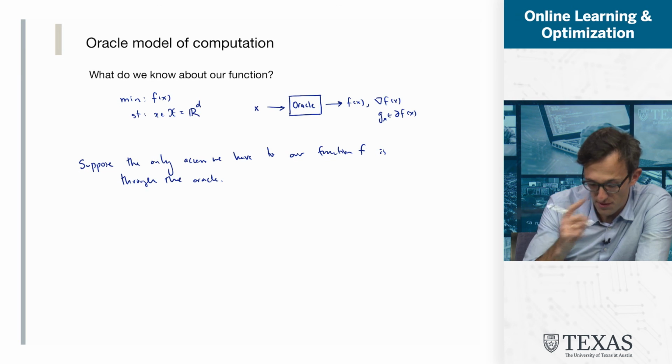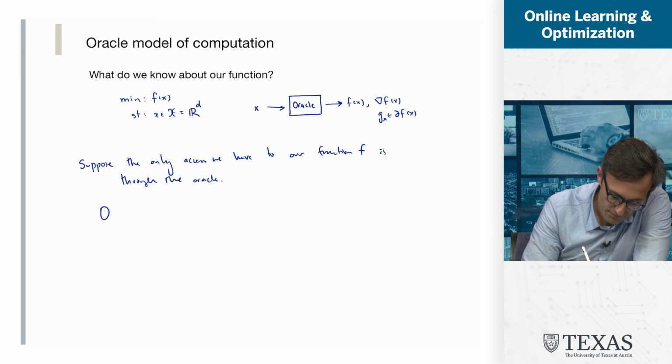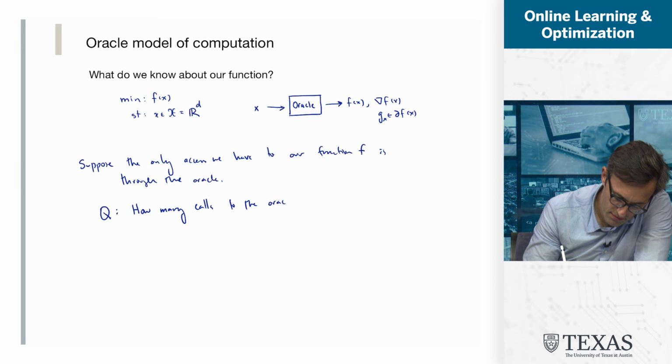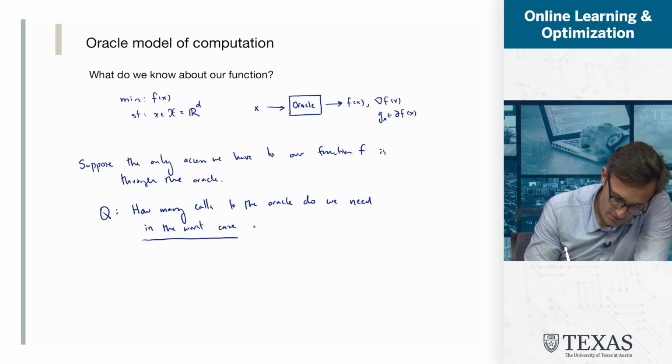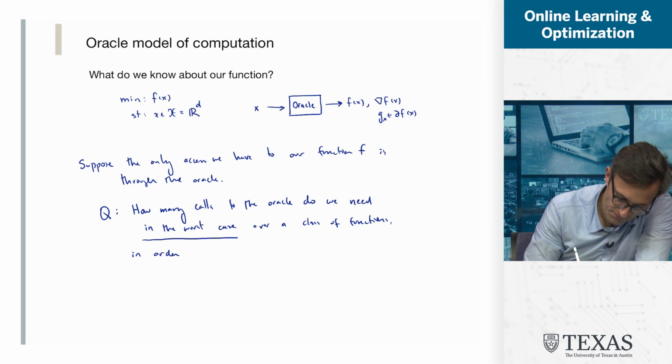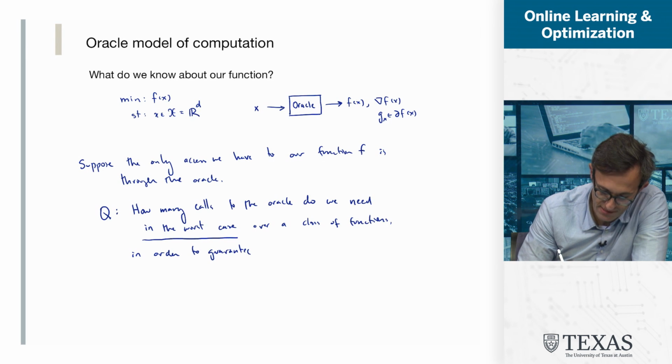Then we can frame the question as follows. How many calls to the oracle do we need, in the worst case, over a class of functions, in order to guarantee error epsilon, suboptimality epsilon?